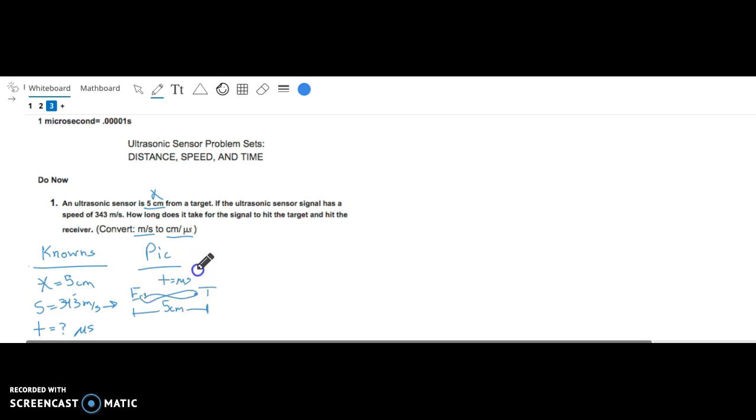We want to know how long that's going to take. So we're going to go to our equation. The equation for time, if we use the magic triangle, if we cover up t, the equation is t equals x over s, or x divided by s.